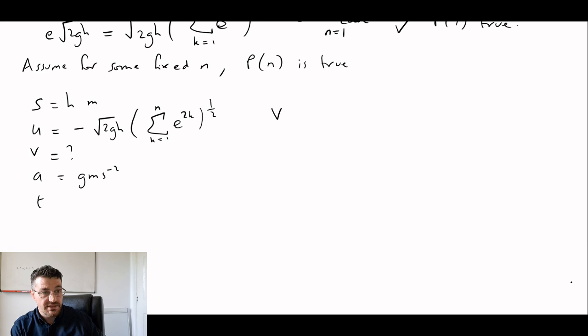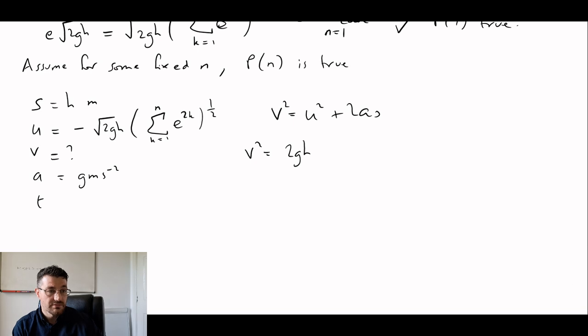Okay, so v squared equals u squared plus 2as. So we get v squared is equal to 2gh times the sum of e to the 2k from k equals 1 to n, plus 2gh, which is equal to 2gh.